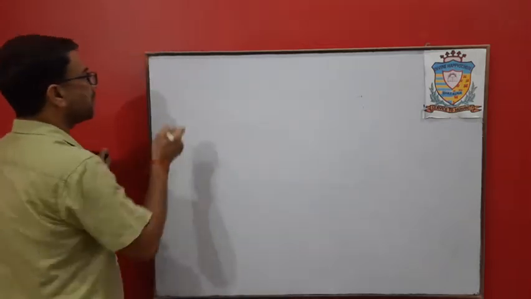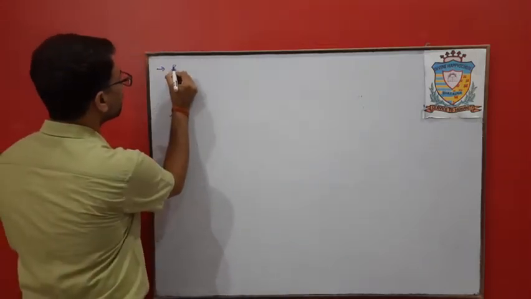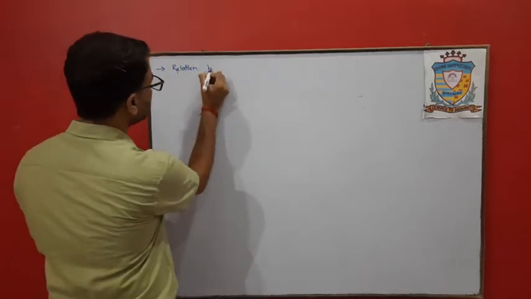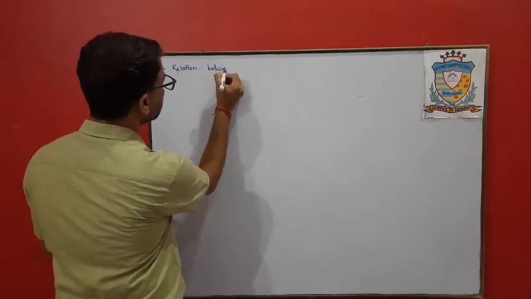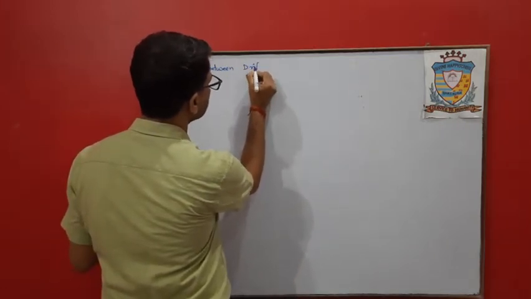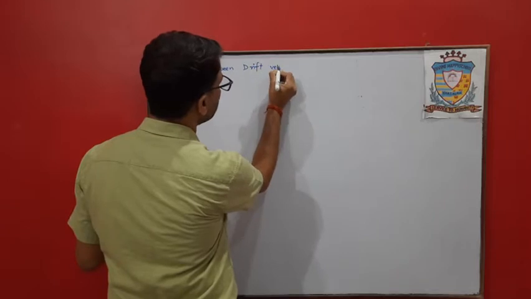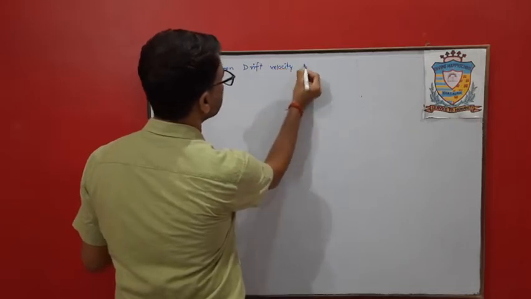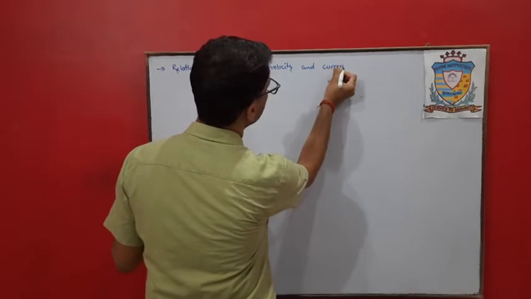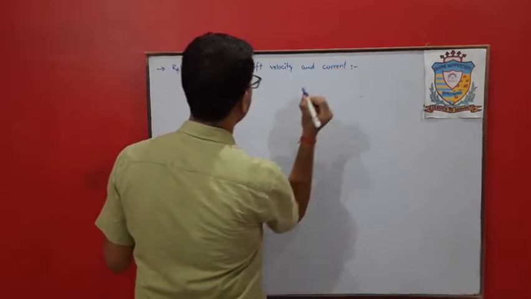So, our next topic is the relation between drift velocity and current.